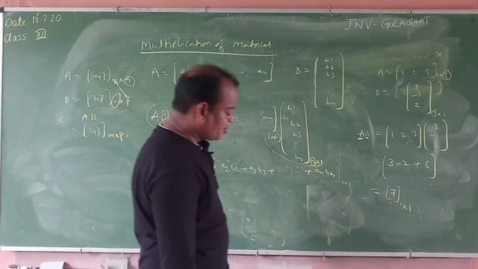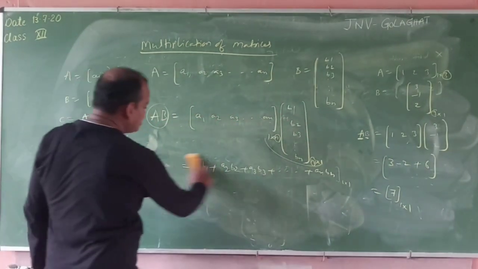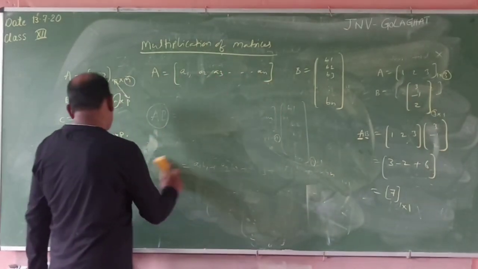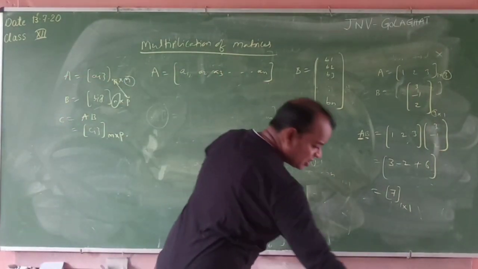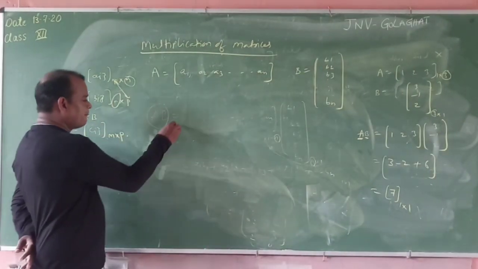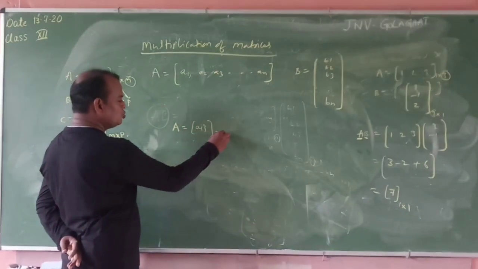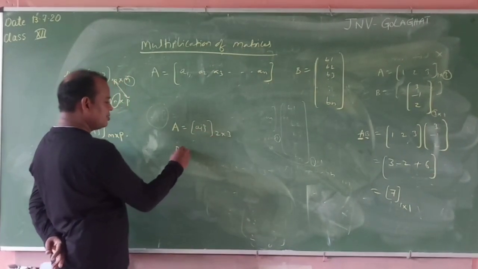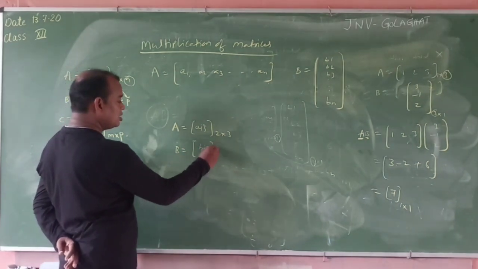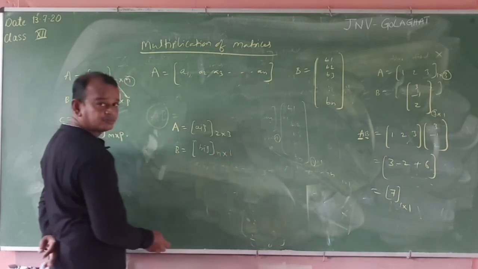Now, from the CBSE examination point of view, there are 1 mark questions. This type of question is certainly asked. What is the question? Suppose A is a matrix of order 2 by 3, and B is a matrix Bij of order n by 2.